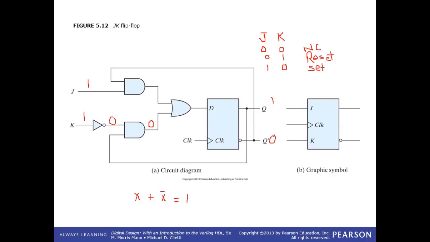Sir, it is dependent on Q bar, right? Yes. So the output of this AND gate becomes equal to Q bar. What happens to the output of this OR gate?